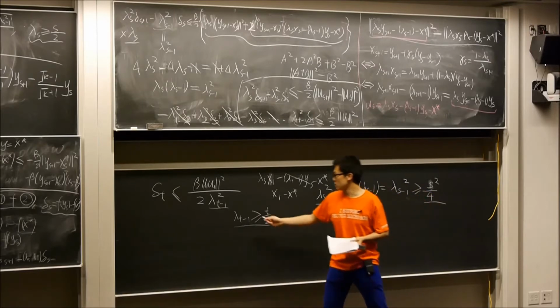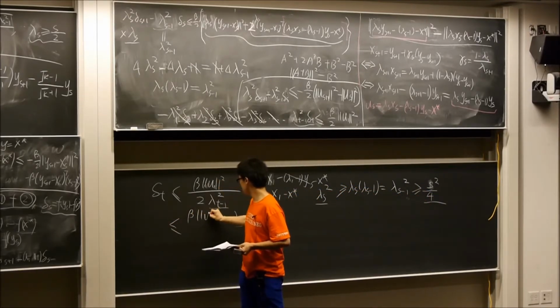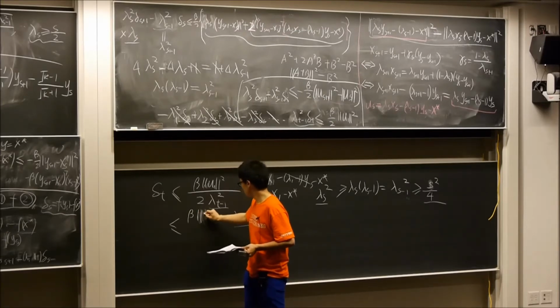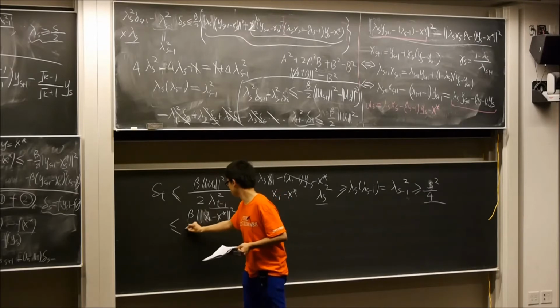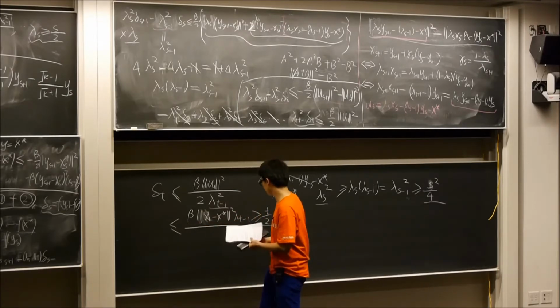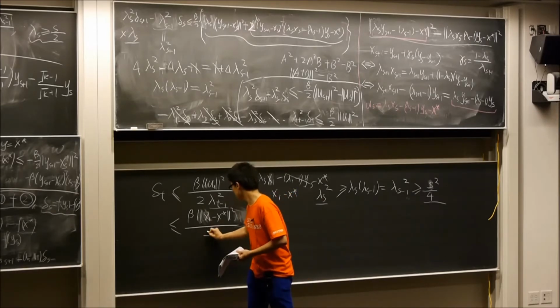So by induction, this is smaller than beta, it's 1 minus t square.